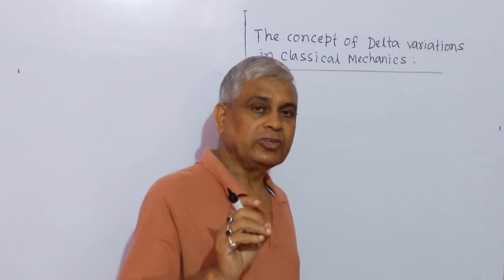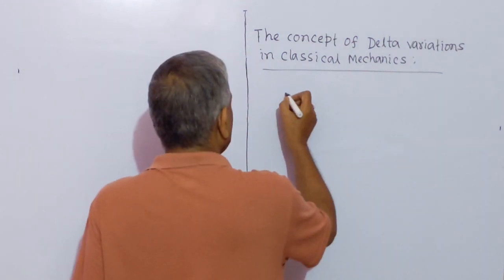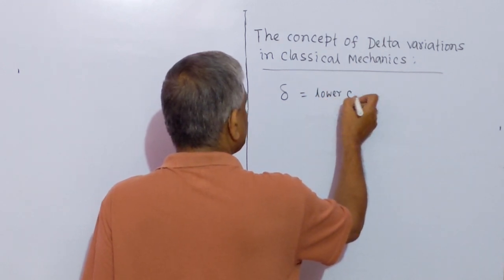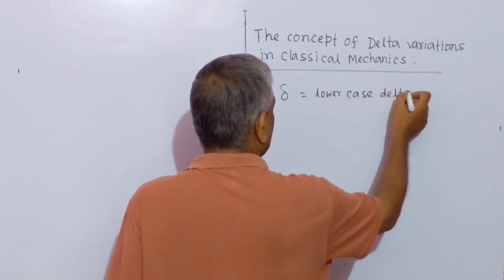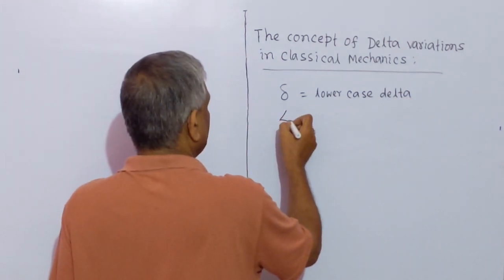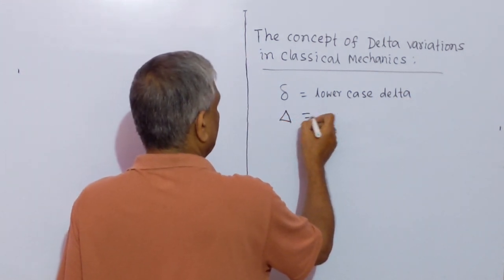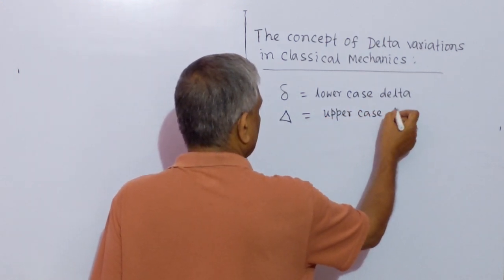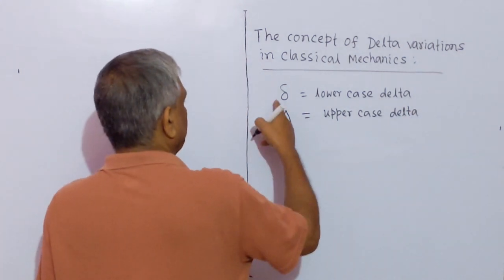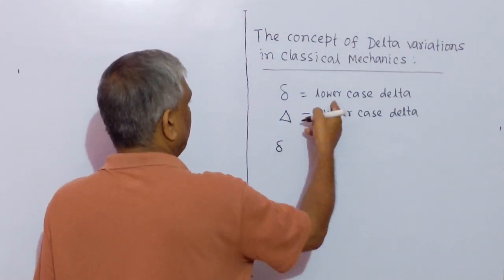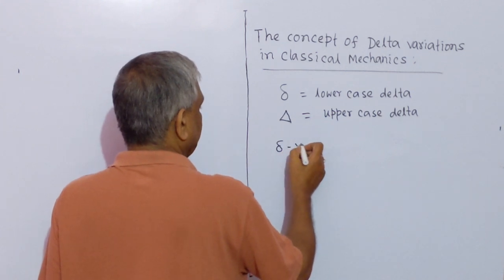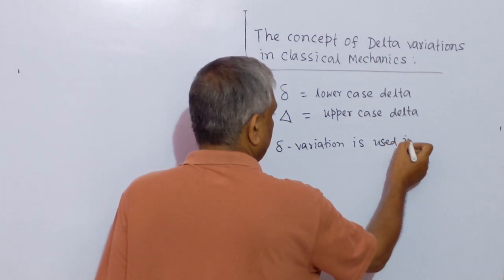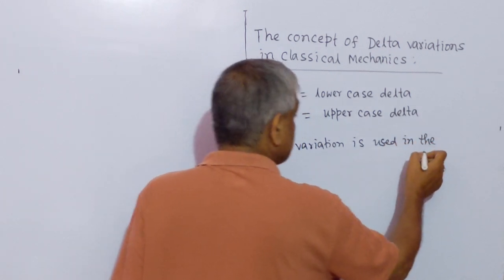The first type is denoted by the symbol delta. This is the lowercase delta, and this delta is the uppercase delta. This lowercase delta variation is used in the case of Hamilton's principle.